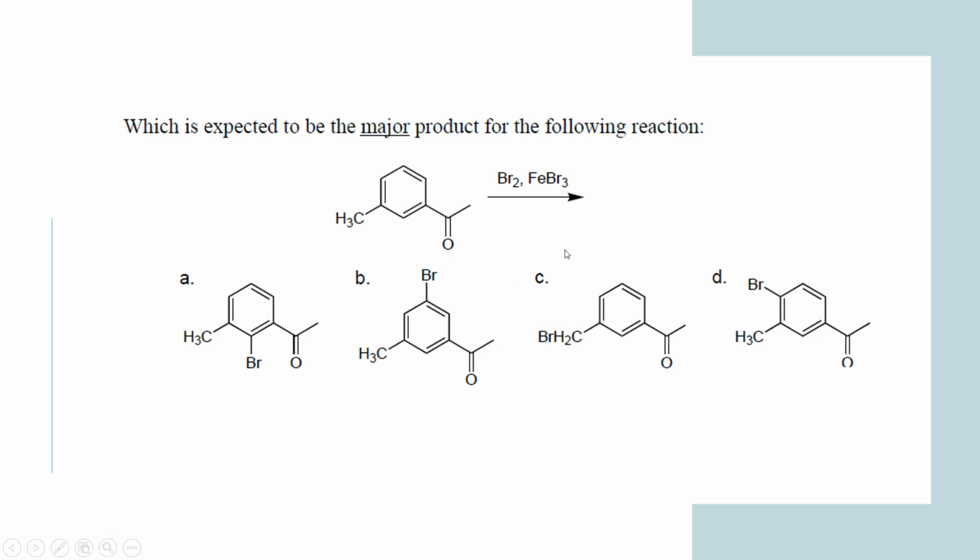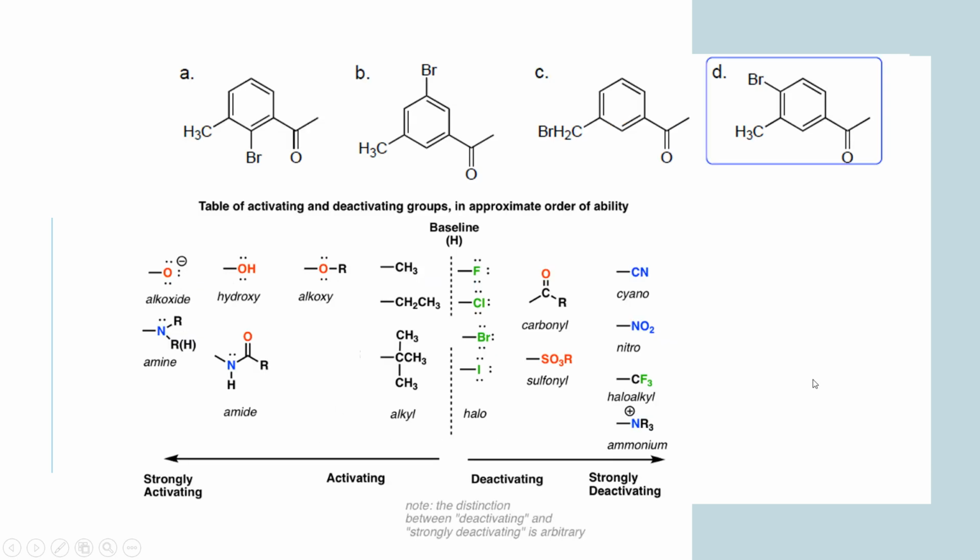So when you are given this reaction, in presence of this reaction condition, out of all these four possible options, option D will be the correct answer. And this is the table which is showing the activating and deactivating groups in approximate order. So you may go through this table, or you will find this table in numerous organic chemistry books as well.